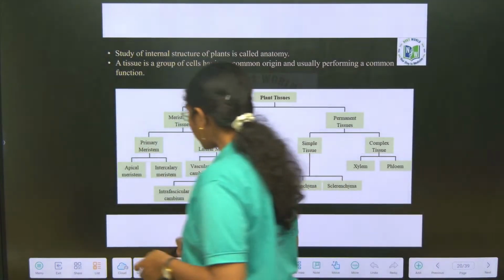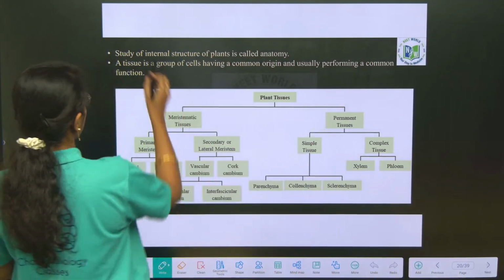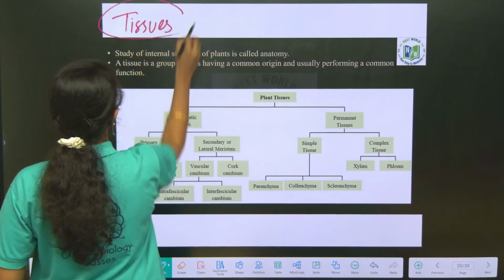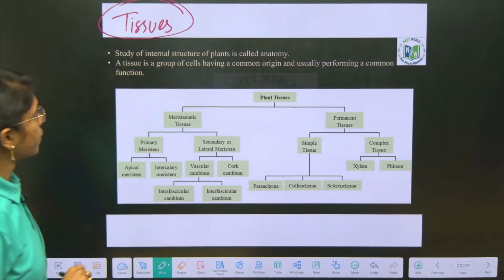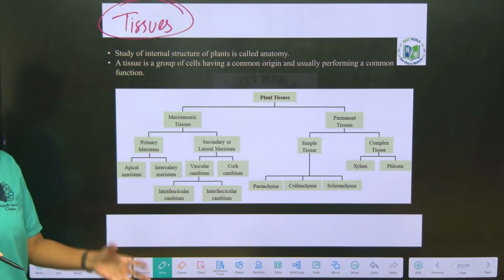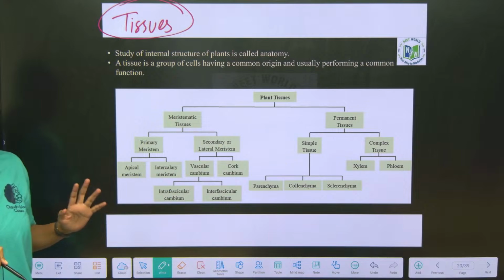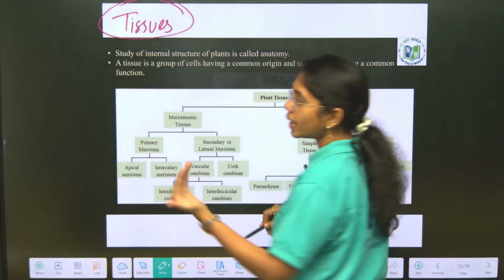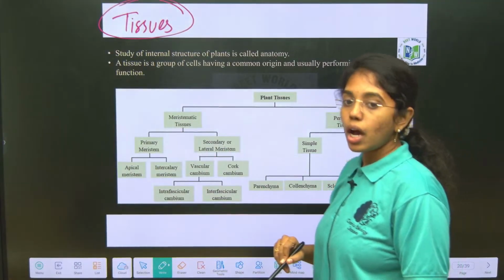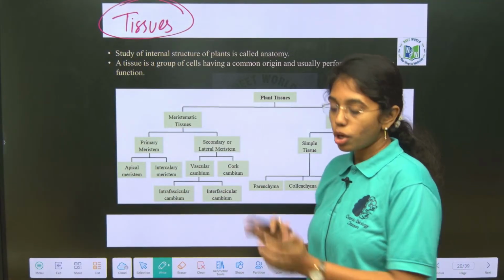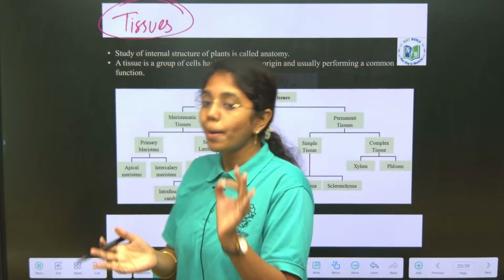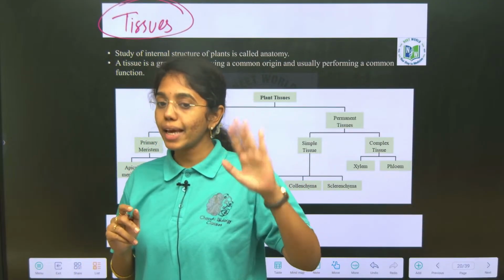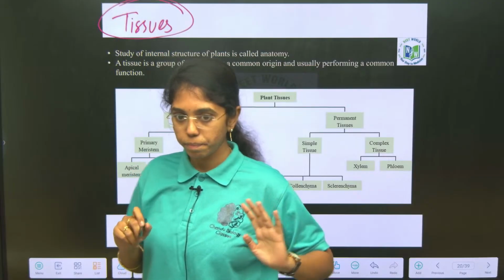So, what are tissues? How can you define a tissue? First, what is anatomy? Studying of internal structure of an organism is called anatomy. Plant anatomy is studying the internal structure of plants. You can define a tissue as a group of cells with common origin and common function, but structurally they can be similar or dissimilar.